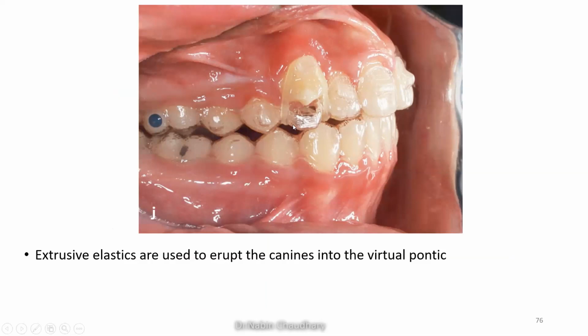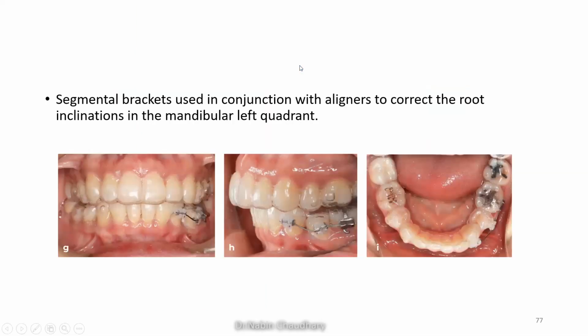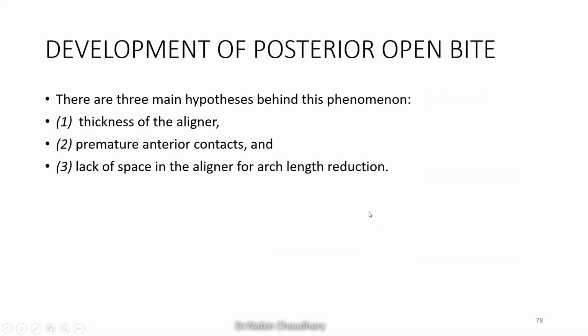So a voucher pontic can be created in the Invisalign system, and the elastic force can be applied from the buccal and lingual aspect of the gingival pressure attachment. And also, we can place a segmental bracket system in conjunction with the clear aligners, so that we can correct the root inclination properly.